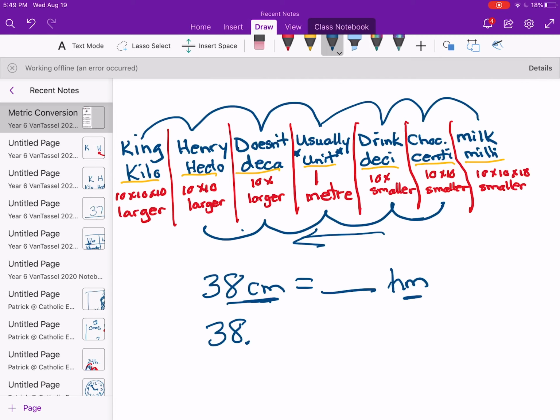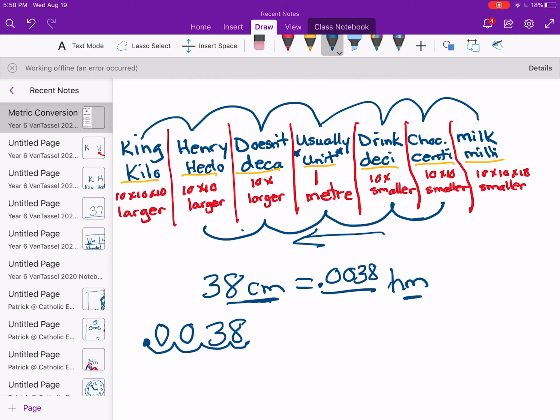So I'm going 1, 2, 3, 4 this way, and that's where the new decimal is. I'll put a 0 and a 0 in. So the answer would be decimal 0038 hectometers. 38 centimeters equals decimal 0038 hectometers.